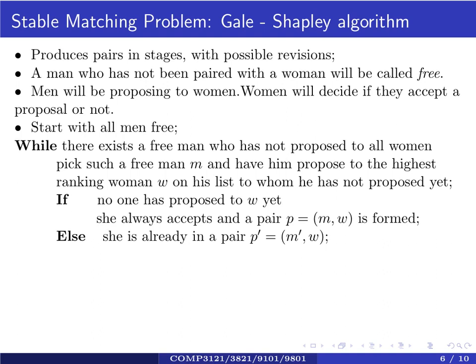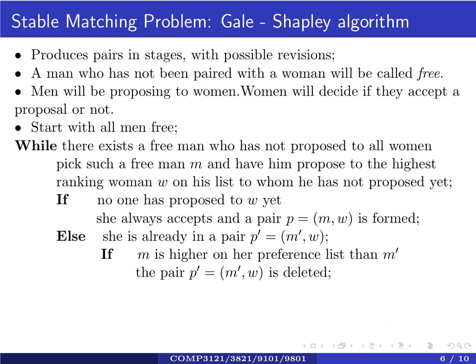Else, if she is already in a pair with some man M', then if M is higher on her list of preferences than the man M' that she is paired with, the old pair, where woman W is paired with man M', is deleted, M' becomes a free man, and a new pair of woman W with the proposing man M is formed.